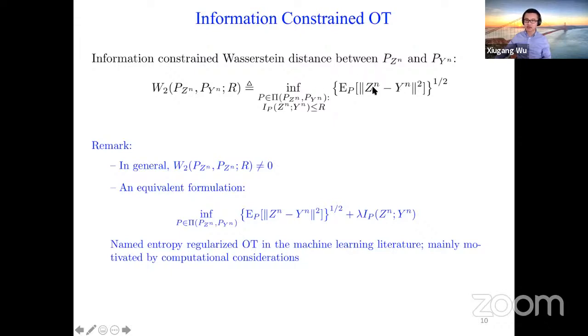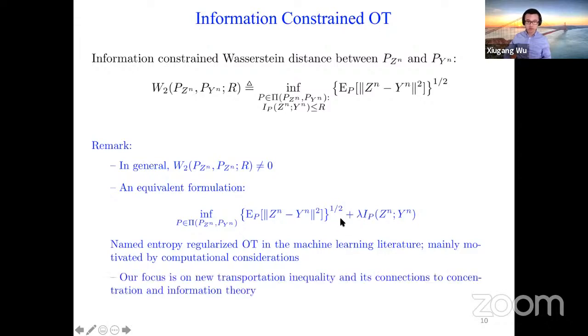If you evaluate that in terms of the Wasserstein distance, without this information constraint or regularization term, it generally appears to be very hard computationally. But if you regularize it by this mutual information, it turns out that the evaluation could be a lot easier.